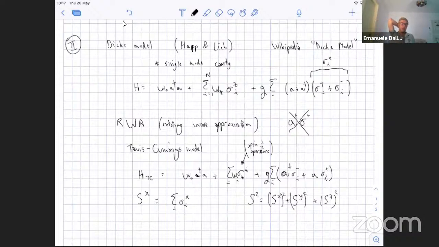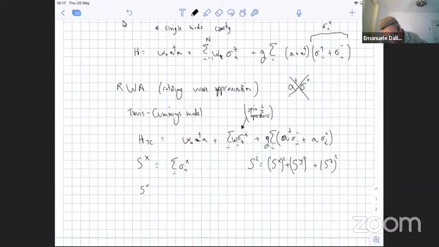First of all, one notices that these operators satisfy the normal spin commutation relations. For instance, [Sx, Sy] = i Sz. So they really behave as spin operators; they have the usual spin algebra. For the same reason, you can also see that S squared commutes with Sz.